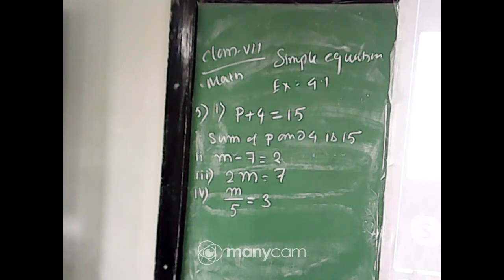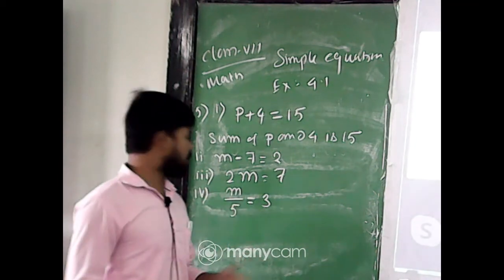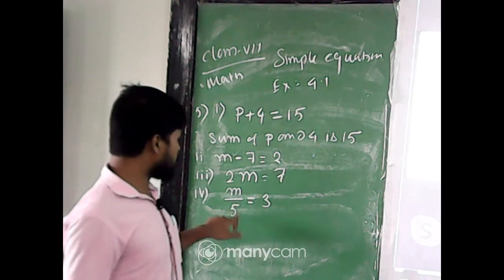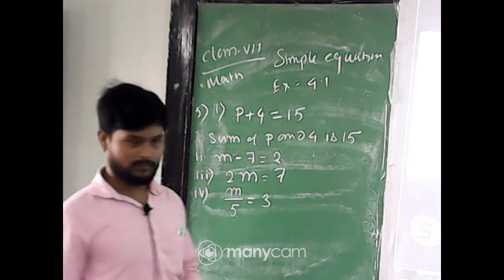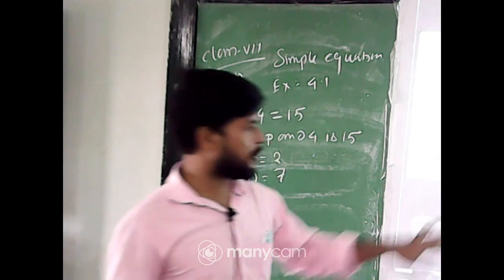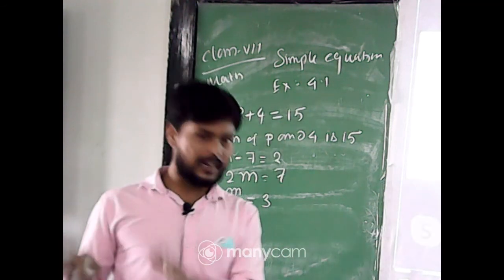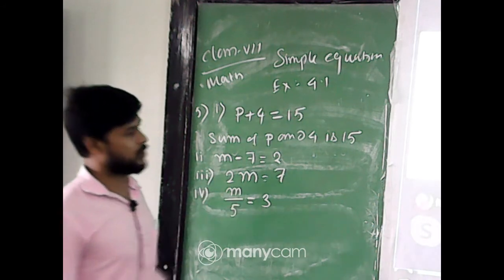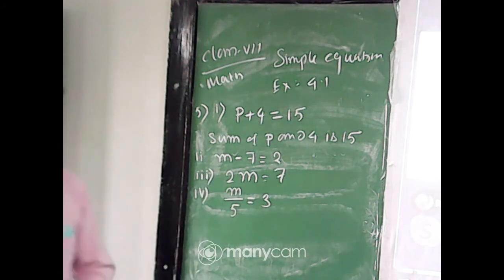M divided by 5, the result is 3. Yes, correct, Hasibul, Tanisha. Whatever you have written, m divided by 5 is 3, is correct. It has another procedure you can express it: 1/5 of m is equal to 3. This you can also write.